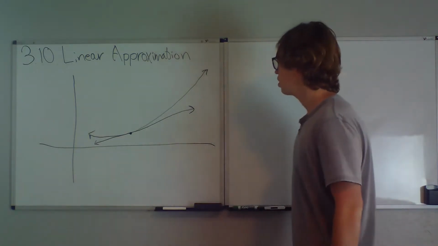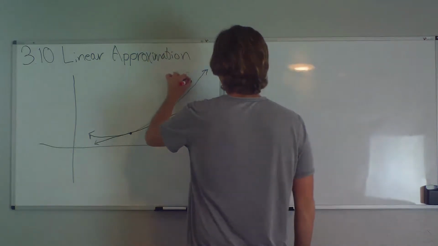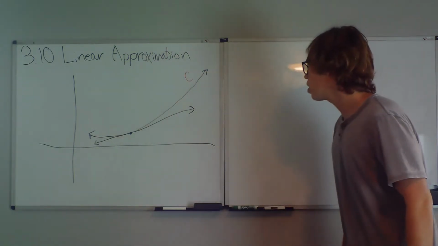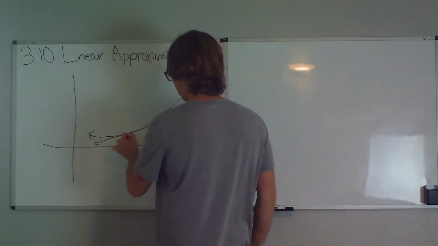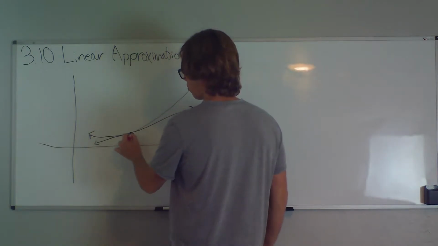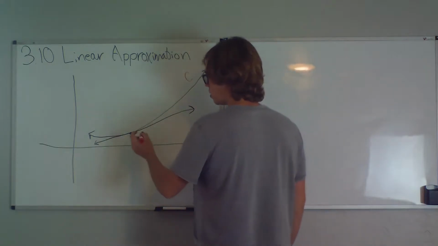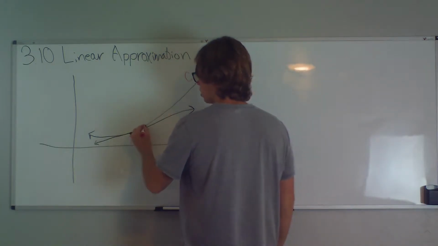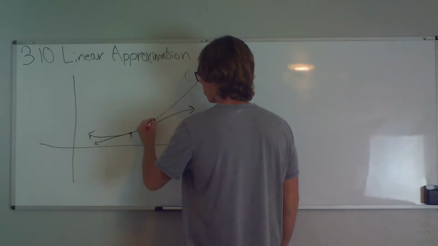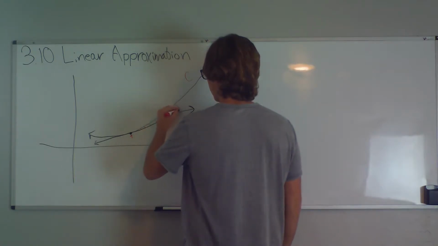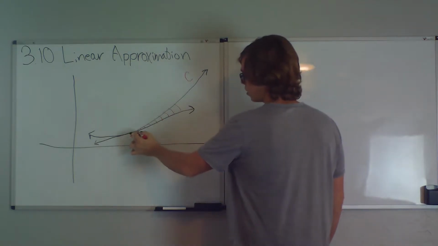And what do I mean by this? Well, let's say we have our curve. This is our curve C. And we know that a point is right here. This is our point of interest, or whatever you want to call it. As you can see, these are very close. As you go farther away, the curve gets very far from this tangent line to the point.